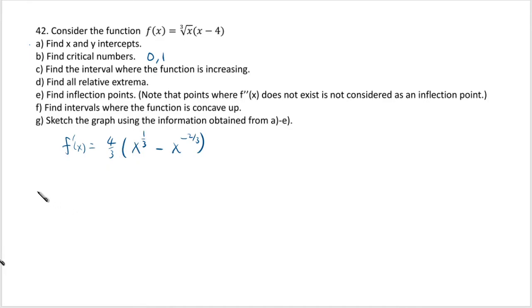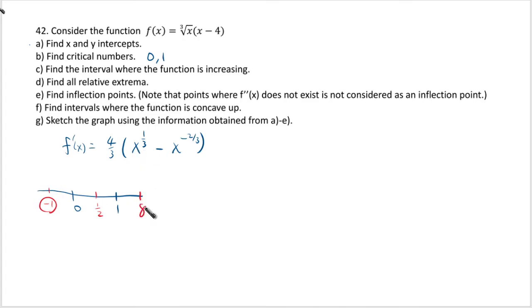So draw the number line, 0, 1. Now pick test points. Before 0 there is negative 1. Between 0 and 1 that's 1/2. And for something in here, since I have to plug it into the 1/3 power, I'll just choose something that's a cube of something.